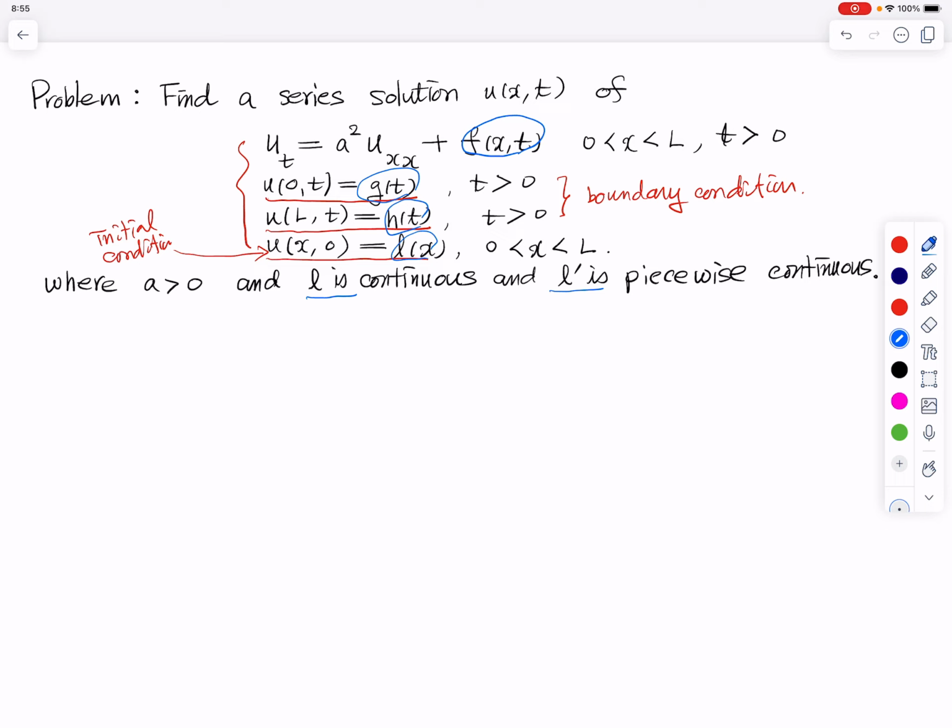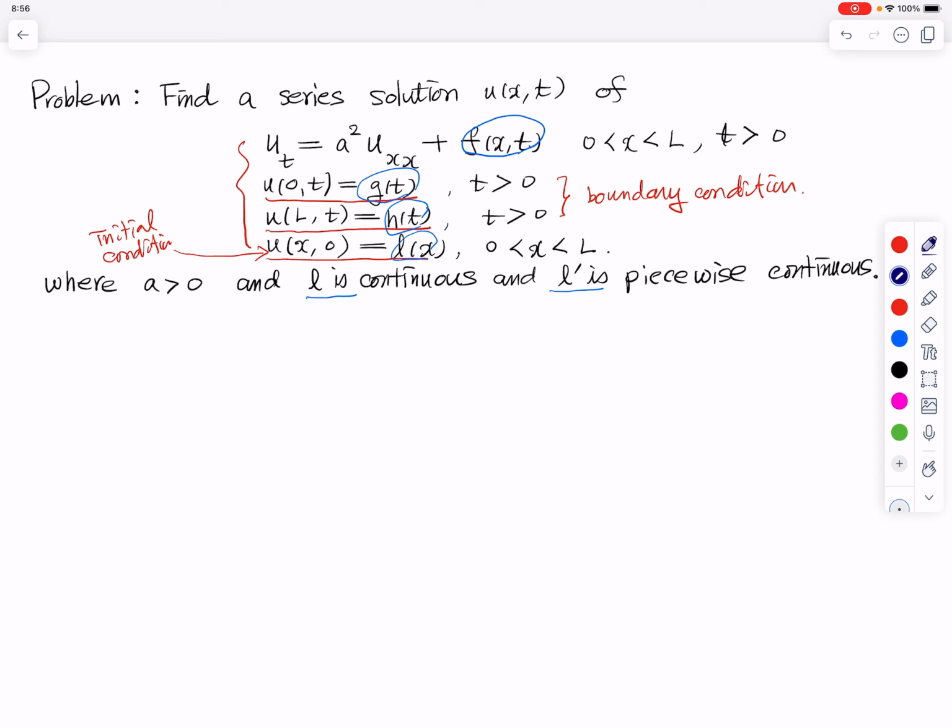I didn't write it down here, but we assume that it's continuous. Today's goal is to find the solution of this equation. Once you have this solution, whenever f, g, h, l are given and a is given, you can find the solution, right?